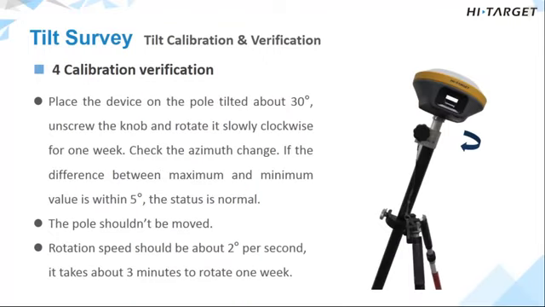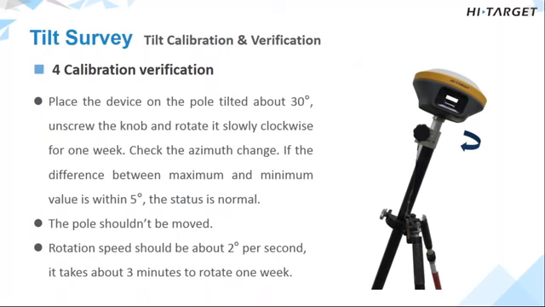So after the calibration, it's suggested to do a verification. This verification is to make sure that the calibration is all finished. You need to place the device on the pole held about 30 degrees, unscrew the knob and rotate it slowly clockwise for one week.